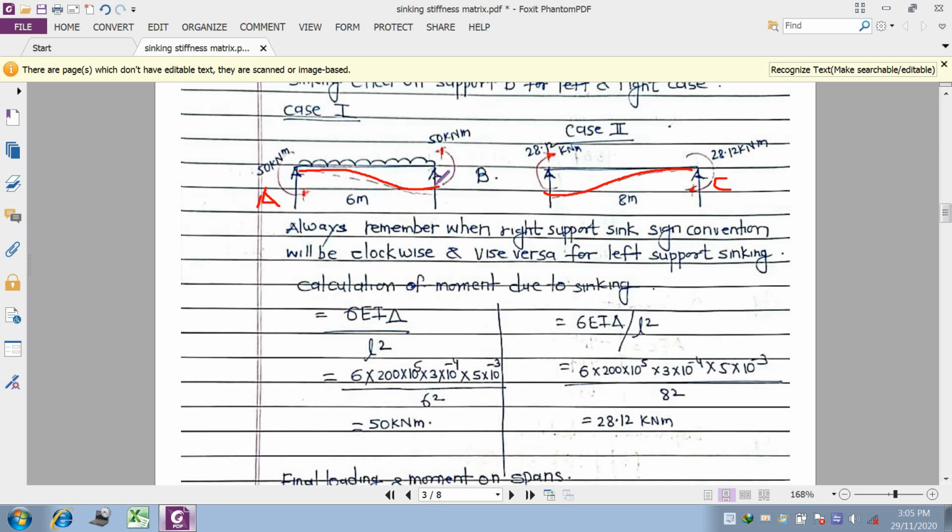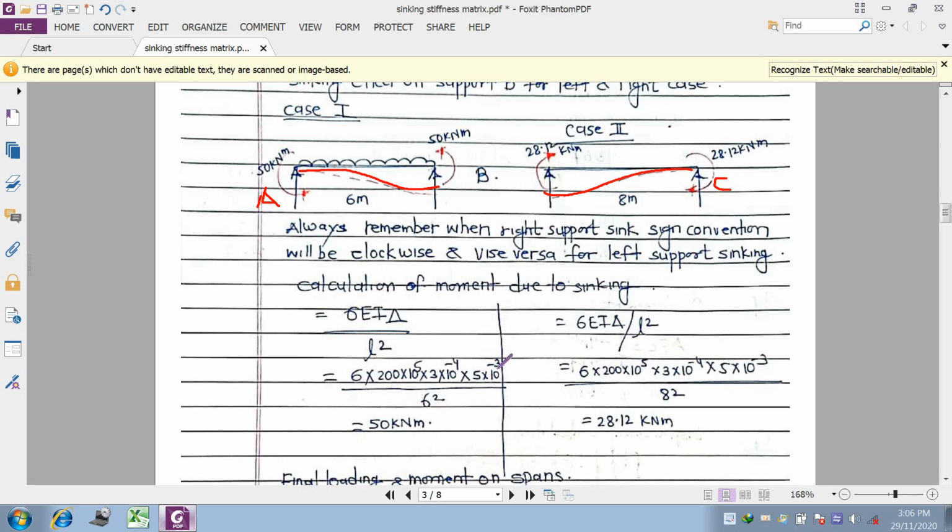We have to calculate the moment. The moment due to the sinking will be calculated as 6 EI delta by L square. So here 6 is 6, E is already given, I we have already calculated, and delta we have to consider as 5, but it is in mm, so we have to put it in the form of meters.